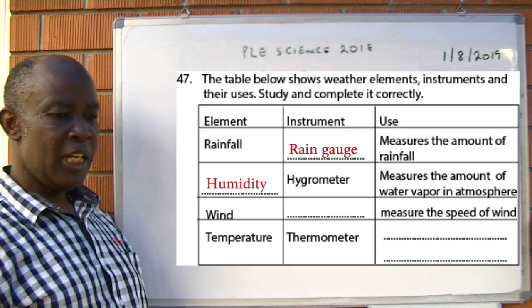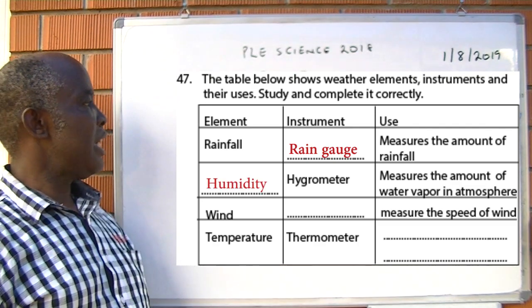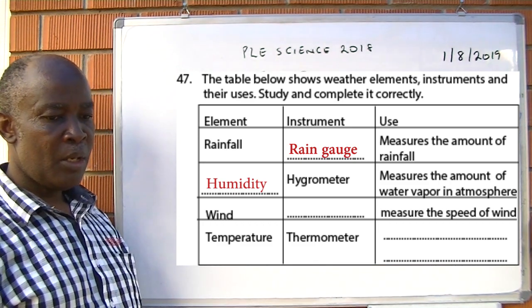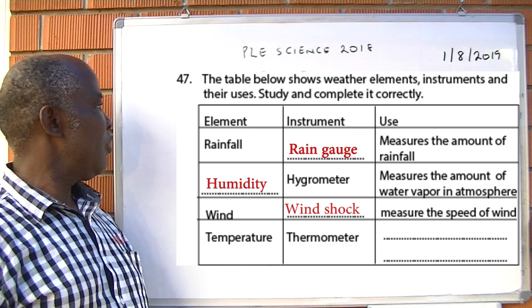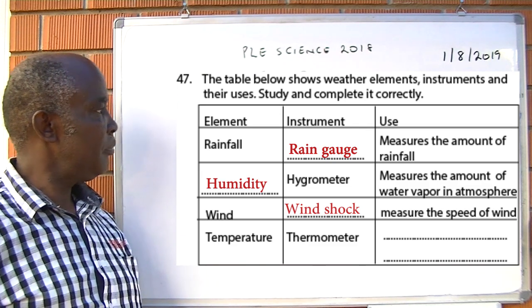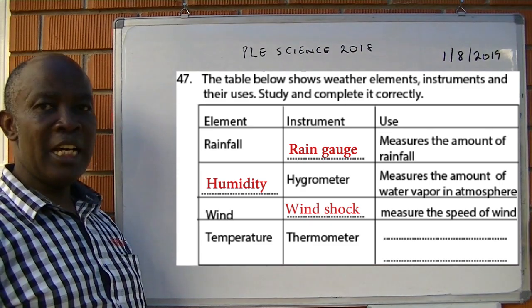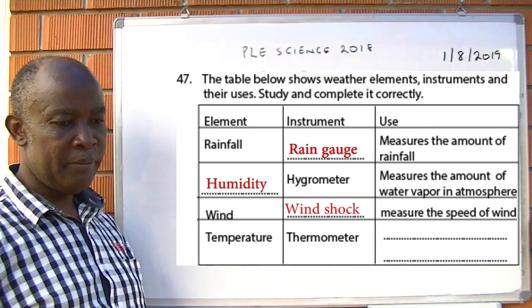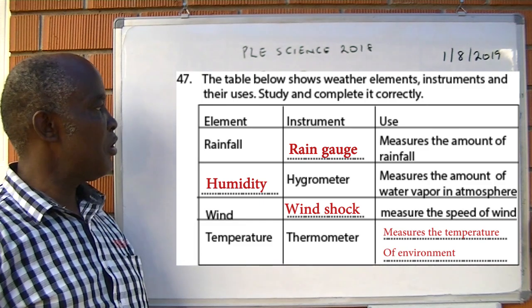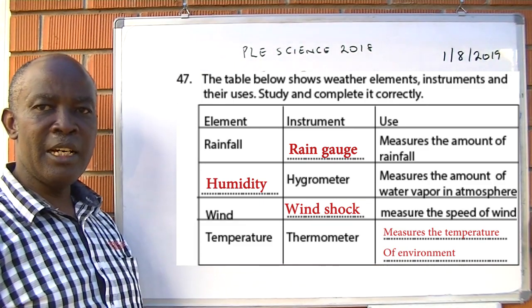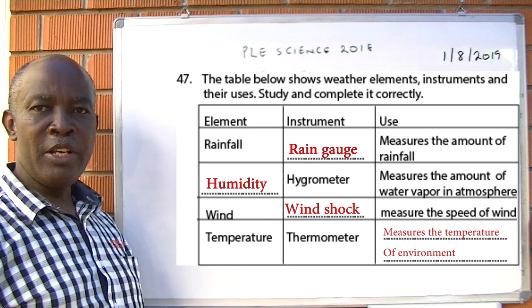Humidity, we use a hygrometer, measures the amount of water vapor in the atmosphere. Wind, we use a wind sock or anemometer, measures the speed of wind. Temperature, we use a thermometer, measures the temperature of the environment.